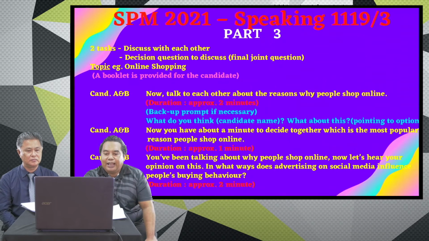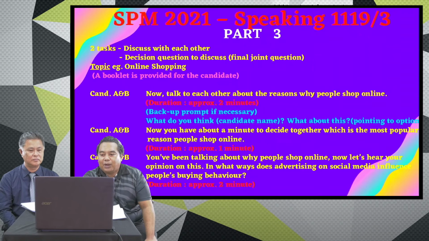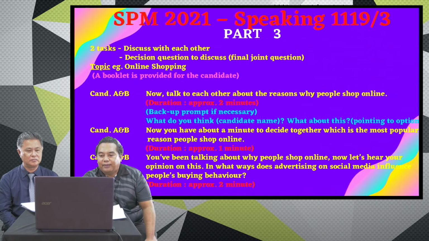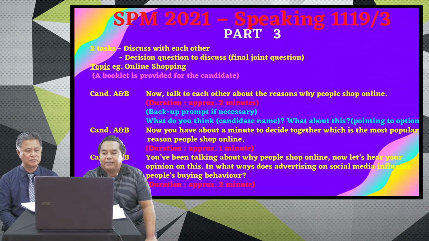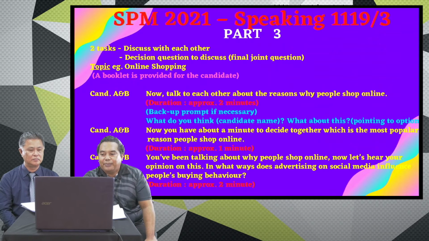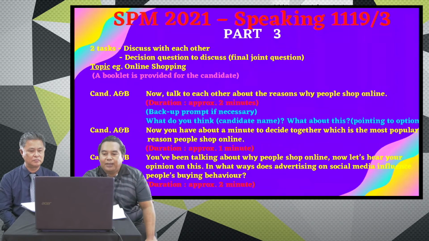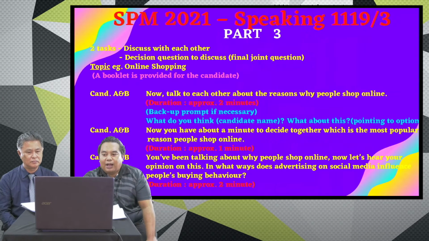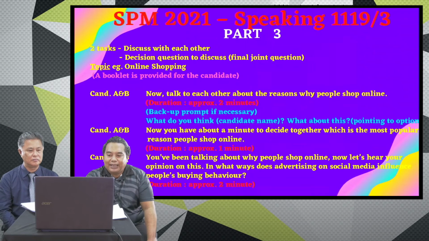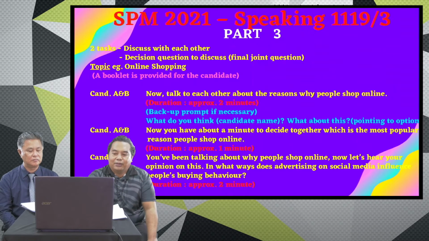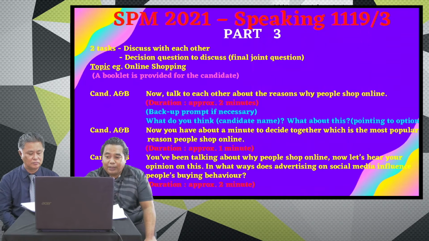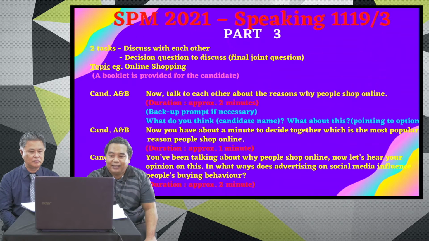Okay, candidate A and B, you have been talking about why people shop online. Now let's hear your opinion on this. In what ways does advertising on social media influence people's buying behavior? Okay, there will be an outside question, but it is still related to the topic. For online shopping, for example, it will ask about advertising.